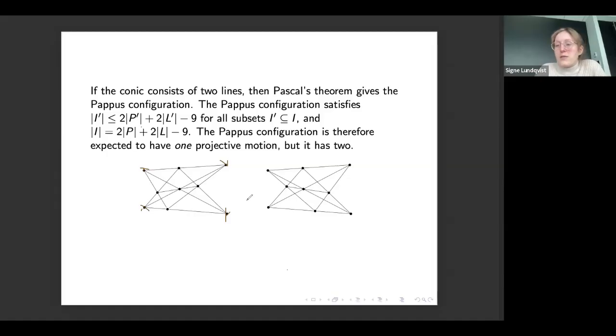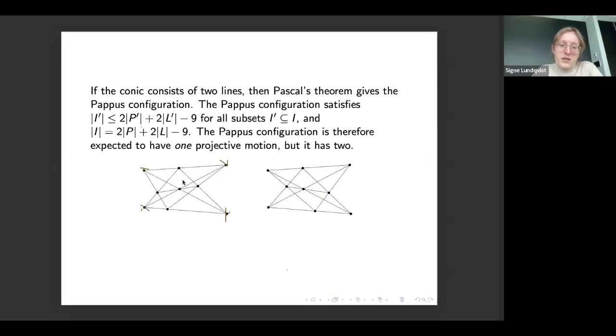And it's a fact of projective geometry that the only projective transformation which preserves 4 points such that no 3 are collinear is the identity. So sliding this point along that line gives you a projective motion, which is not a projective transformation. And these 3 points in the middle will remain collinear throughout the motion because of Pappus's theorem.